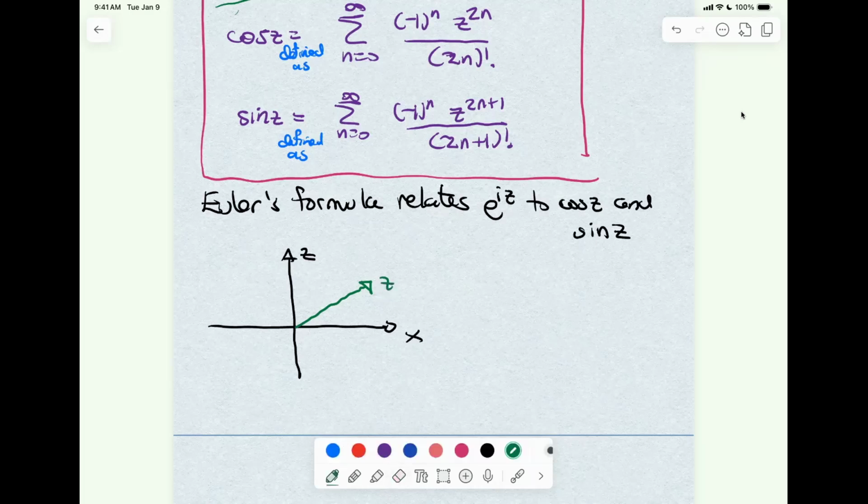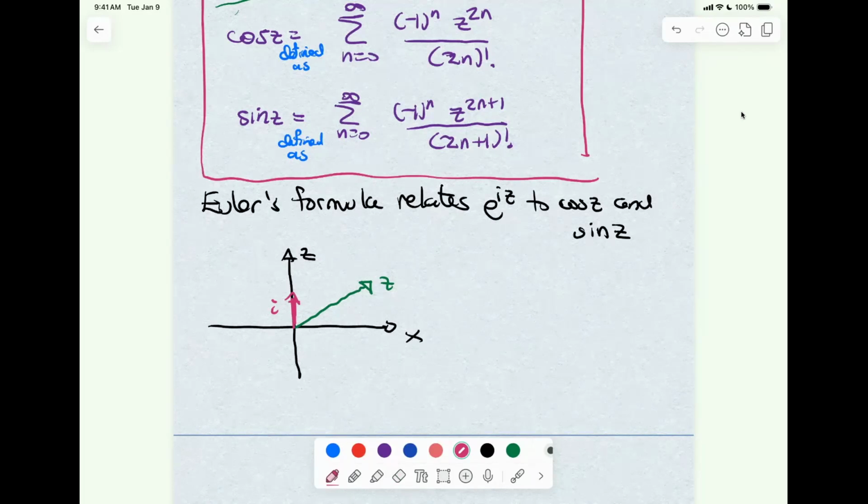Remember, what is i? i is just here, that's like 0, 1. So what is i times z in this picture? Okay, let me write it on the board. What is i times z? How would you draw that on the plane?